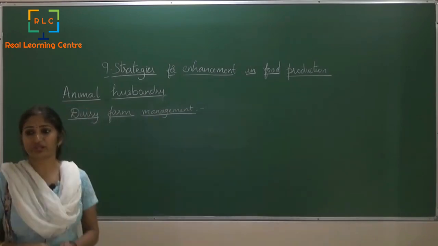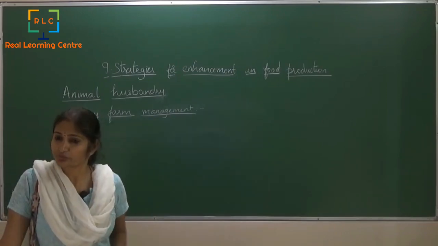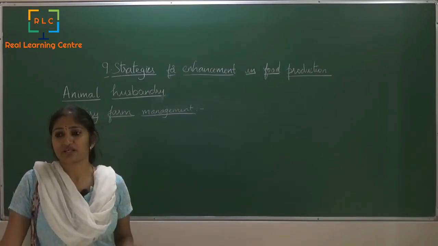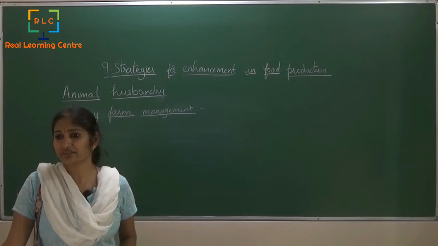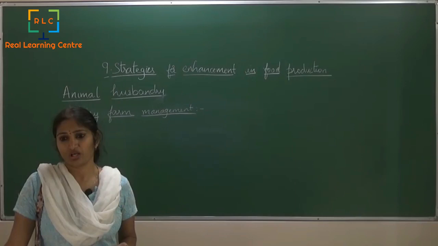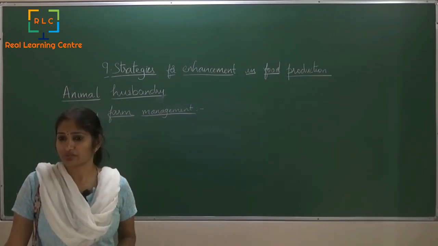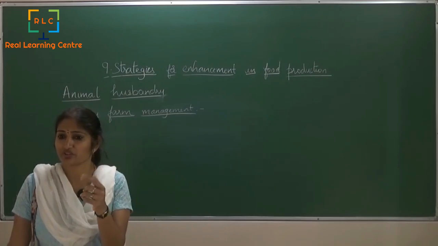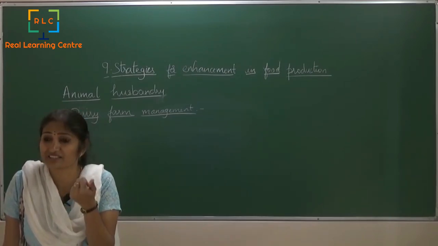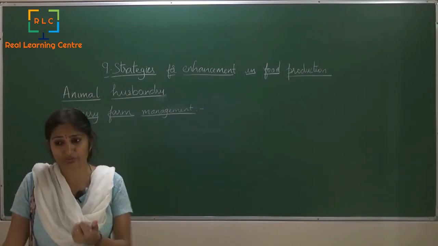Now in the case of dairy farm management, we are going to discuss various processes and systems that increase the yield, and also improve the quality of the milk. There are two things we are talking about here. The first one is to increase the yield. Obviously, since the population is increasing, the yield also has to be increased.